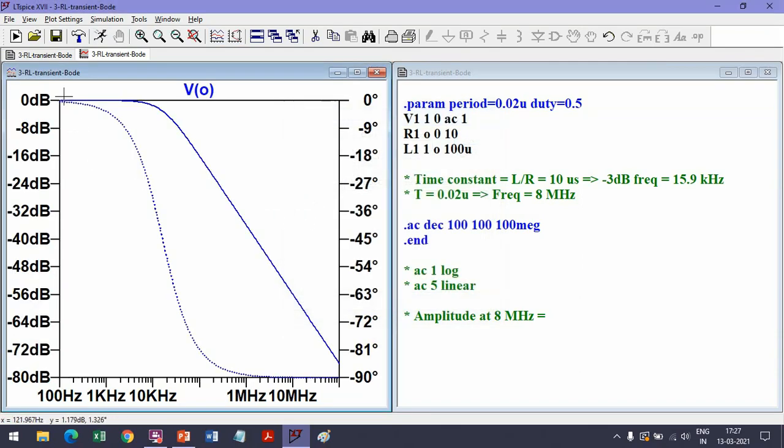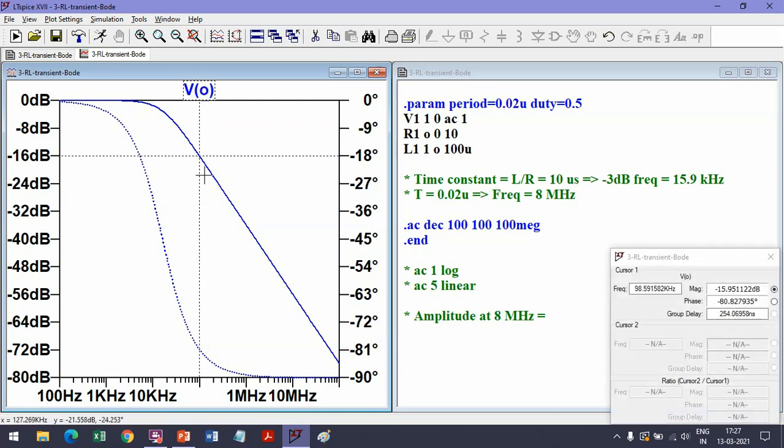So the output voltage, this is a Bode plot. We're doing an AC analysis, so we're drawing a Bode plot. At low frequencies, the output is 0 dB, which is 1 volt. So input is 1 volt and the output is also 1 volt.